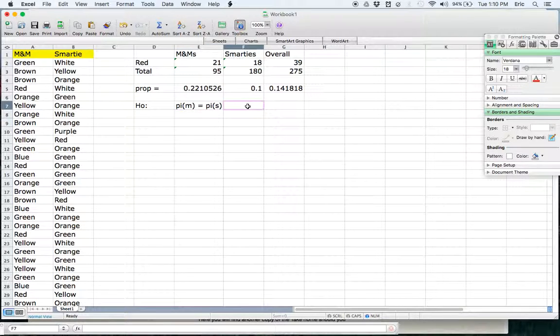And I need to say what this means. So this means, and in here, I'm going to let you finish this on your own, but here you're going to talk about the fact that we're talking about population proportions, not just sample proportions. So you go ahead and finish typing that out.